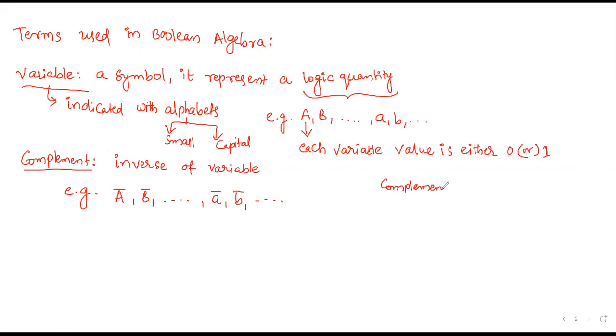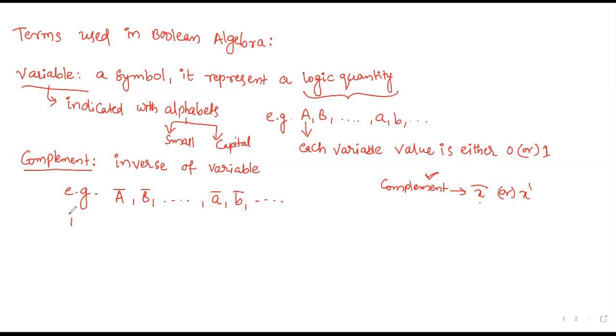Complement or inverse, we indicate with either x bar or x dash. Both have the same meaning. These are the two types of representation for the complement.